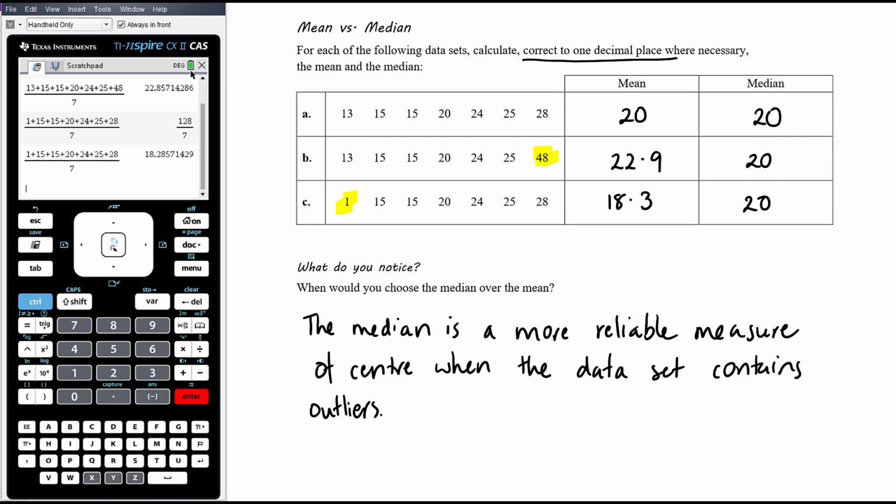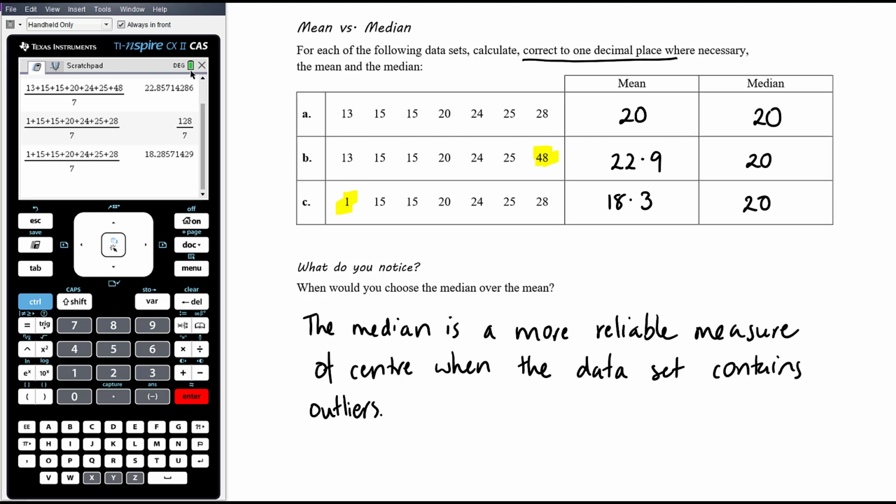And for most schools, their outliers are likely to be at the lower end. Therefore, if they've got outliers at the lower end of the data set, their mean would be lower than their median, and so when a school is trying to promote themselves, it is in their interest to quote the higher average value, that is the median, instead of the mean.